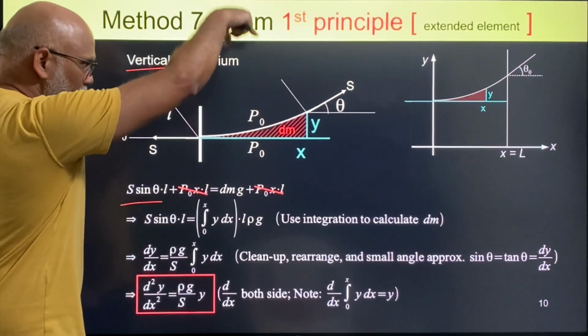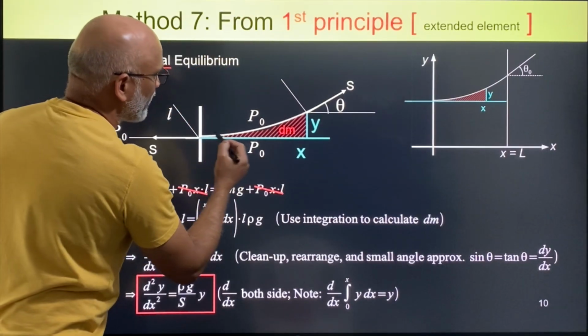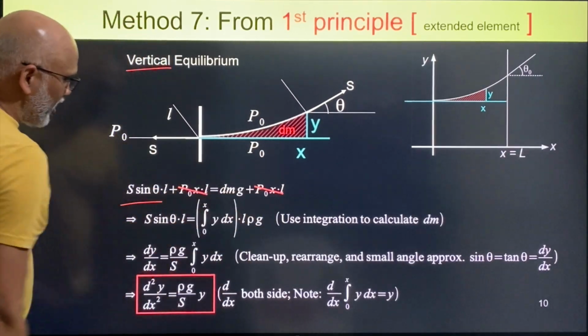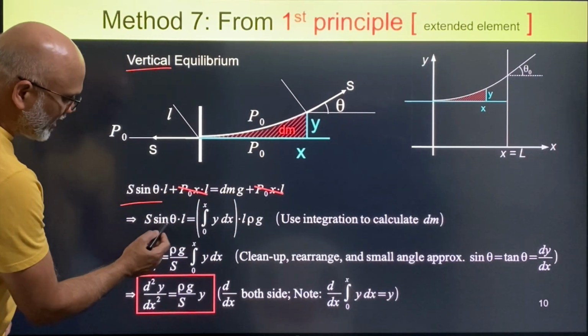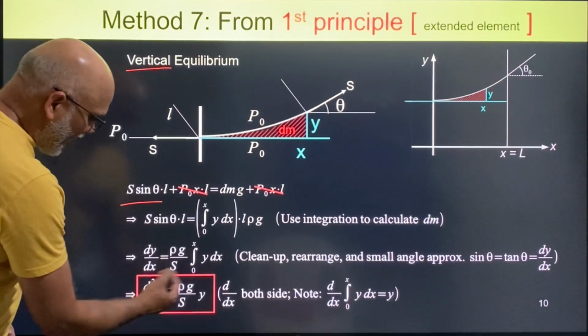And then the pressure downward is again P0, and the projected area is x times L. This cancels out, and with some simplification, let me know if there are any questions, we again get the same answer.